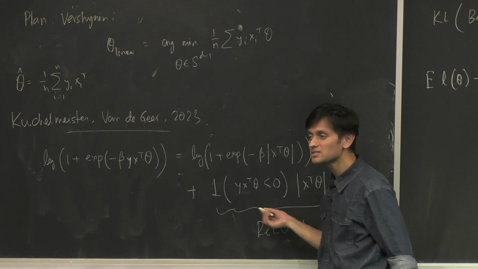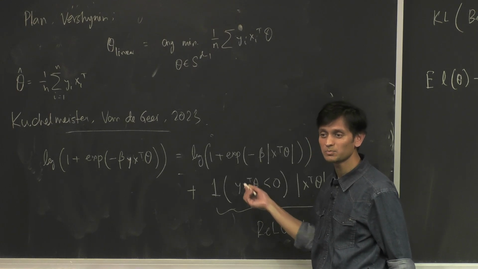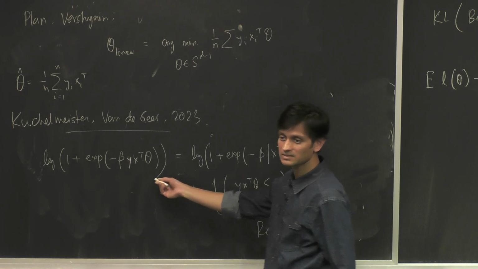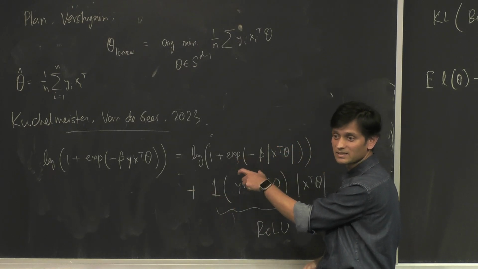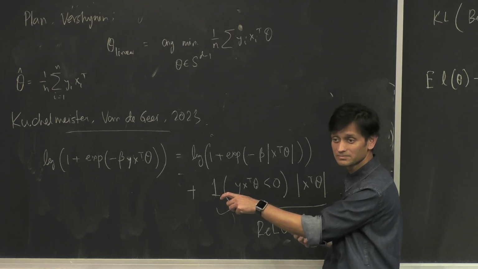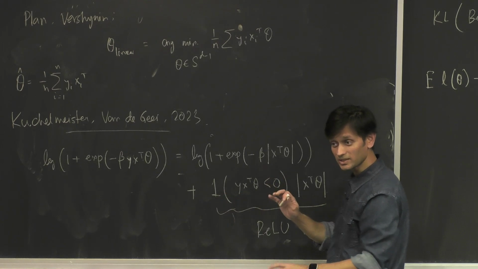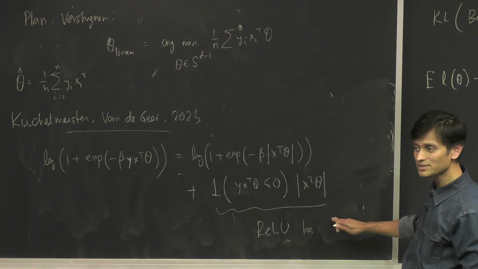So this ReLU loss is also very easy to connect to parameter loss, because this is just this logistic loss minus this term, which in expectation is going to be the same for all theta. It has no dependence on y. Good, so we can connect this to parameters.